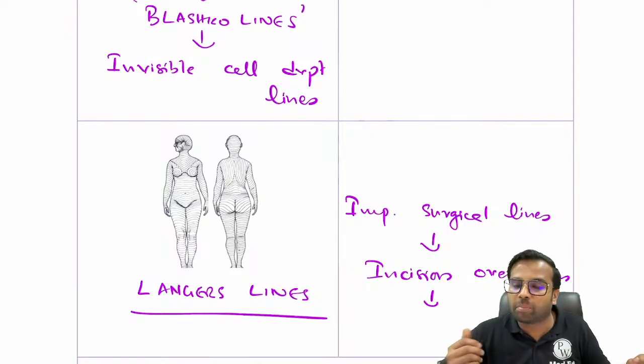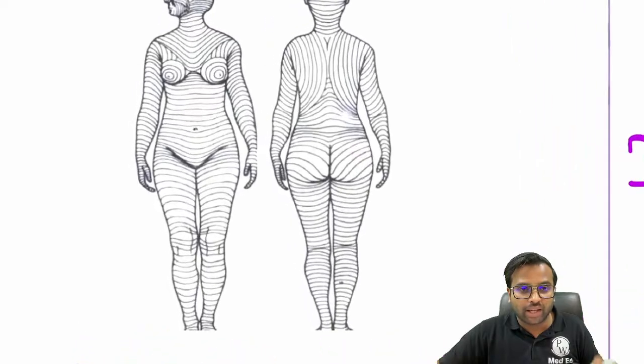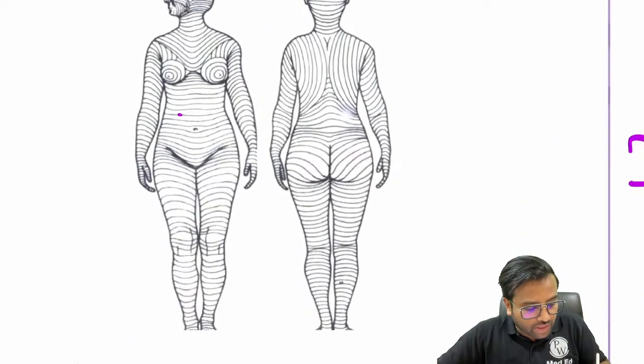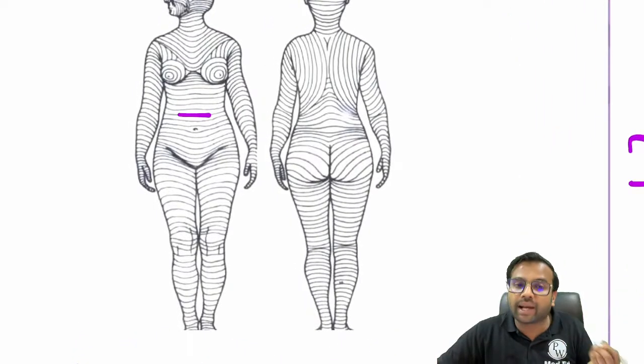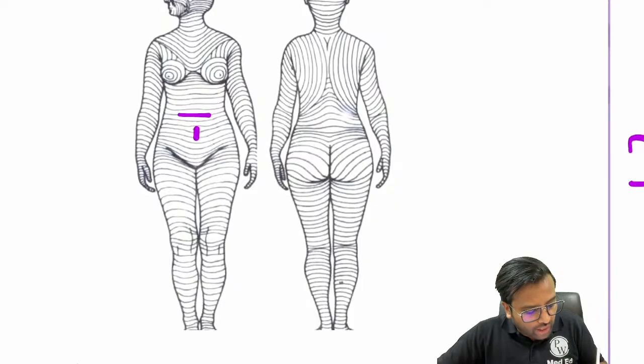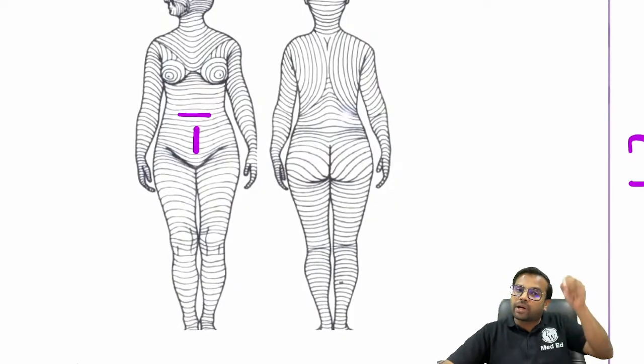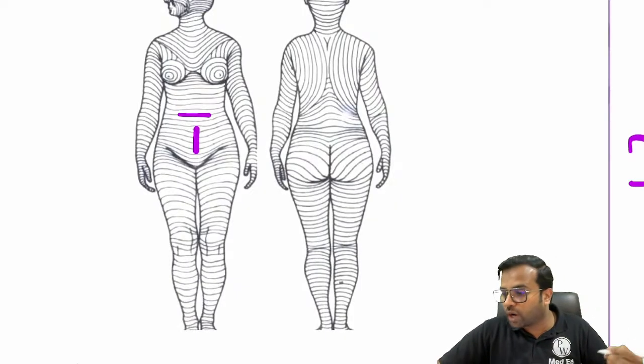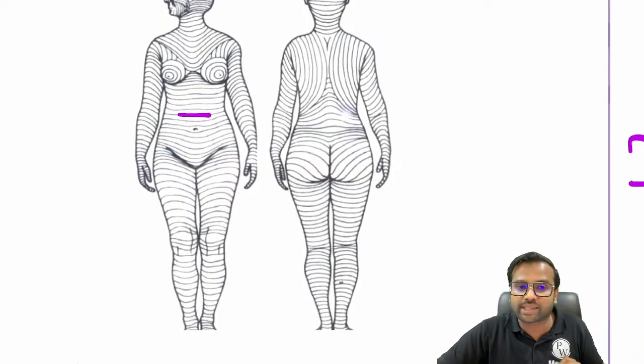But how is a surgical incision made? There are 2 options. You can give an incision like this, parallel to the Langer's line, or you can give an incision like this, perpendicular to the Langer's line. What should be the answer? The answer here should not be the second one.